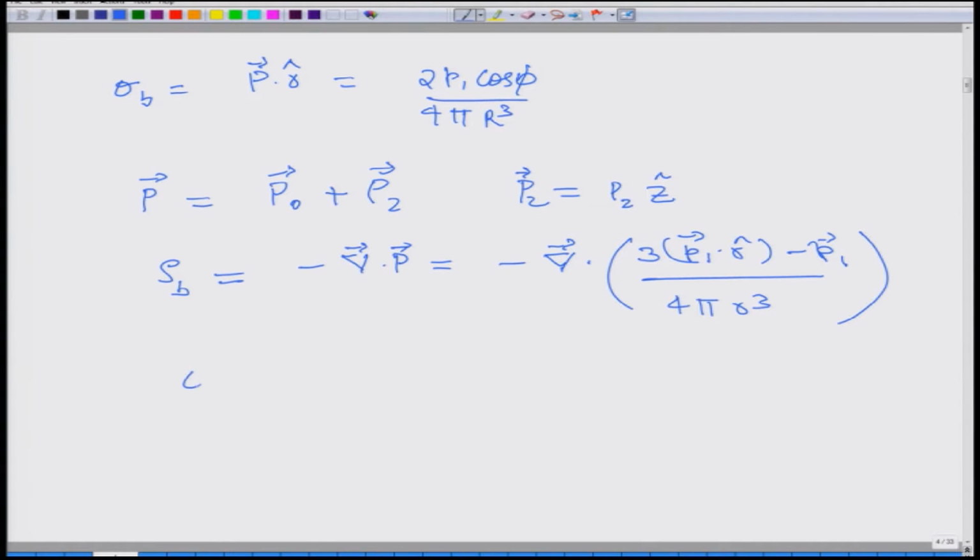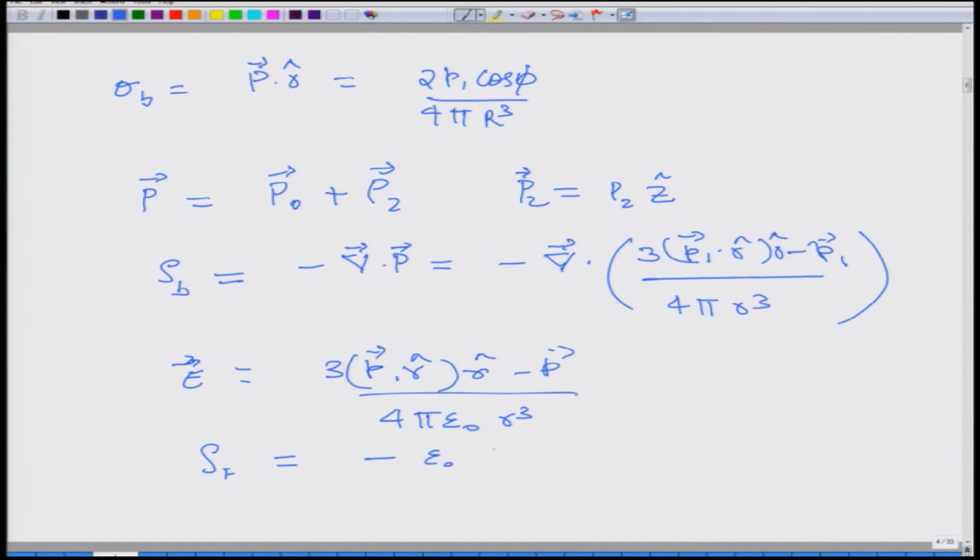So if you have a dipole which is giving rise to some electric field, 3p dot r cap minus p by 4 pi epsilon naught r cube, then this can in turn be treated as if there is a free charge density which is equal to epsilon del dot E, right.